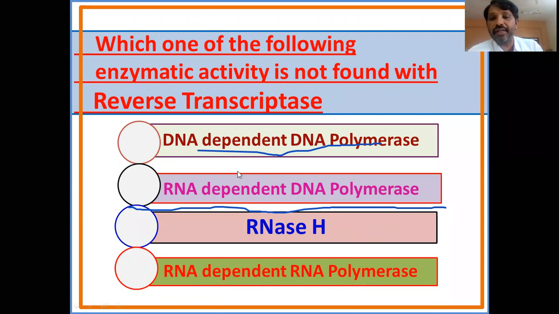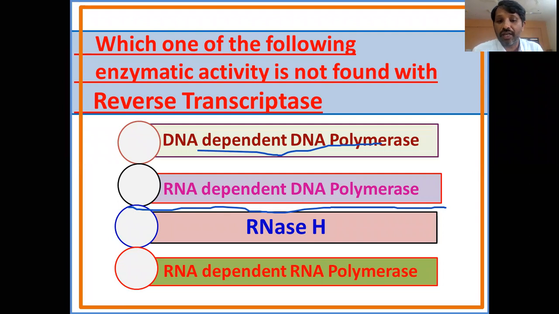DNA dependent DNA polymerase means nothing but DNA polymerase only, DNA to DNA. RNA dependent DNA polymerase means RNA to DNA. RNase H is an enzymatic activity which can degrade the RNA in an RNA-DNA hybrid. Whenever RNA and DNA form a hybrid, the reverse transcriptase can degrade only the RNA molecule.